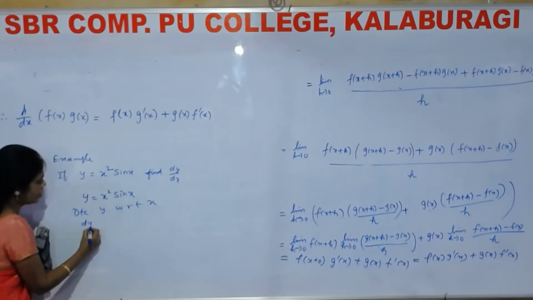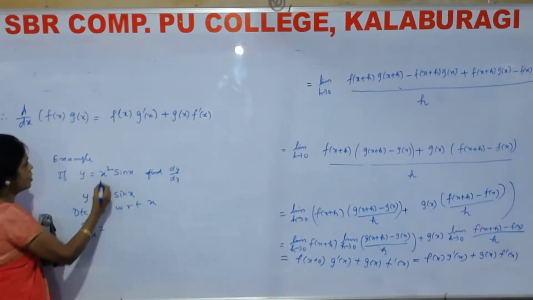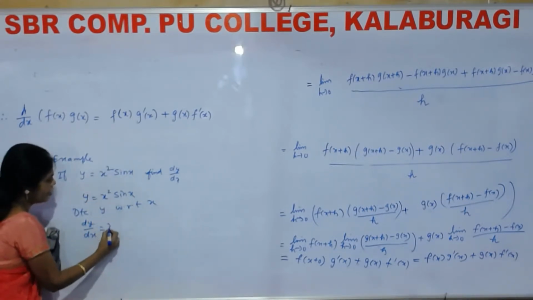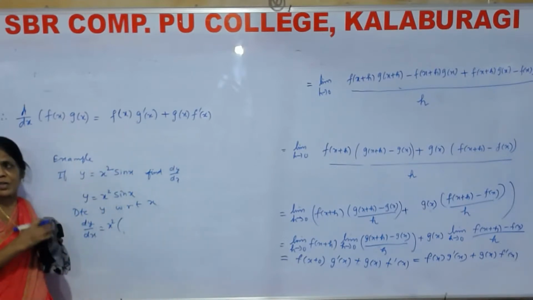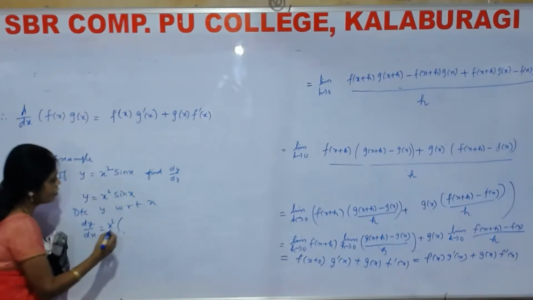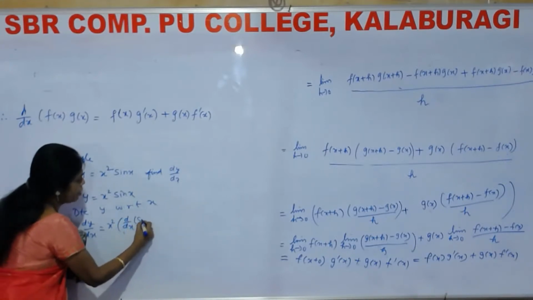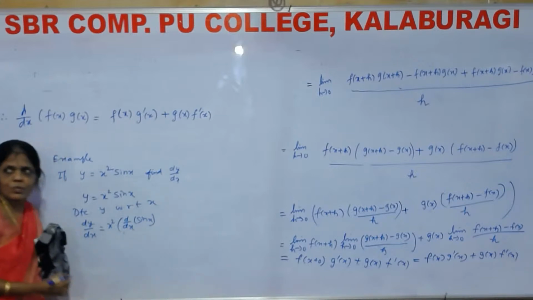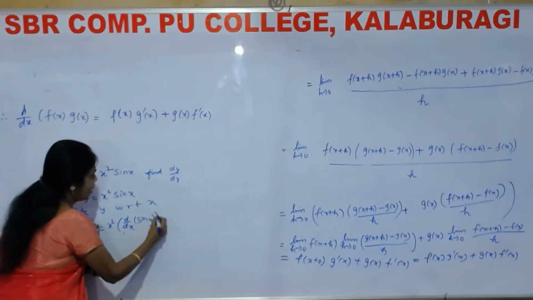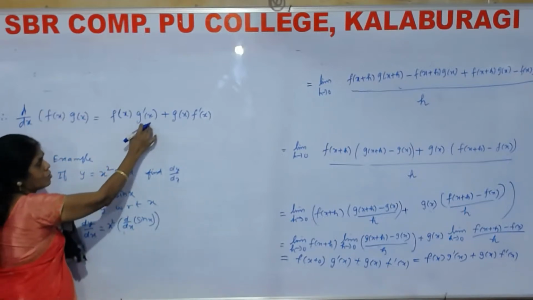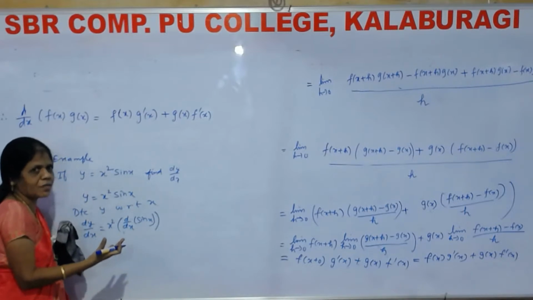Differentiation of y with respect to x is dy by dx. And what is f of x? x squared. And this is g dash of x, differentiation of the second variable. What is the second variable? Sin x. So d by dx of sin x. If you want, you can write sin x the whole dash also. The meaning is that g dash of x means differentiation of g of x, differentiation of the second variable.